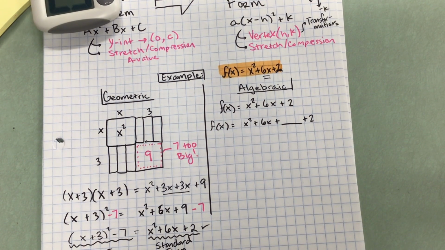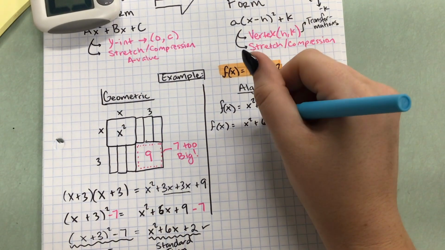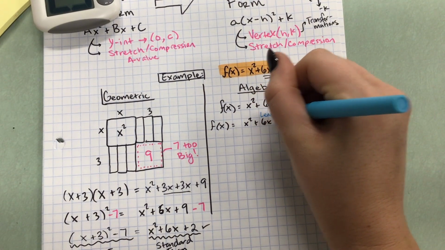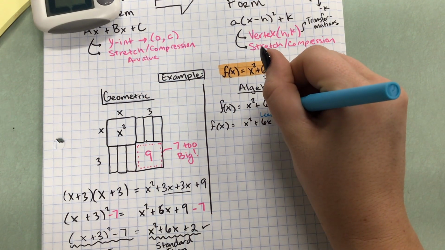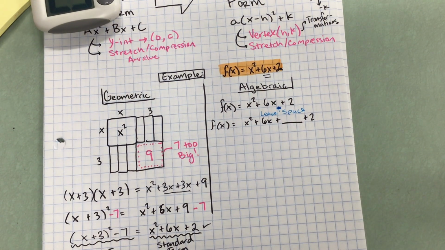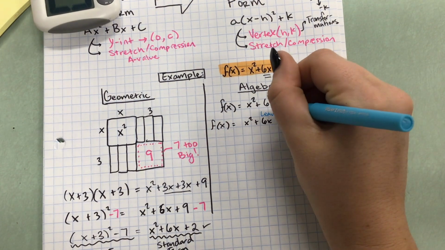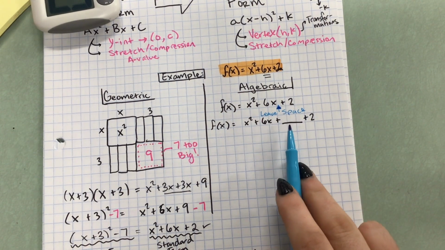So I'm gonna make little notes as I go about what I'm doing. So right here, leave space. All right. So what goes in this space?